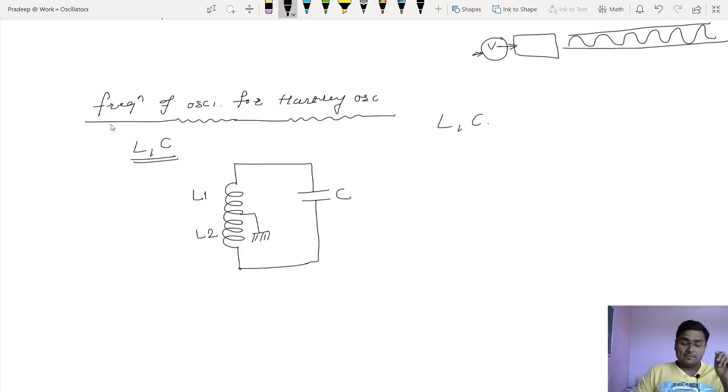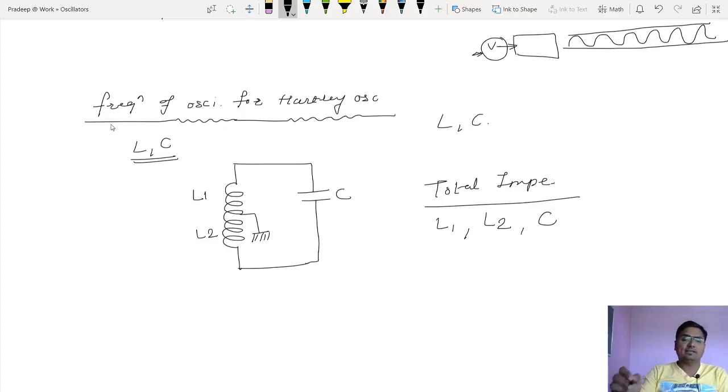Now I am interested in the total impedance. What will be the total impedance offered by this tank circuit? Obviously the impedance offered by L1, by L2, and by the capacitor. Let me call the total impedance Z.